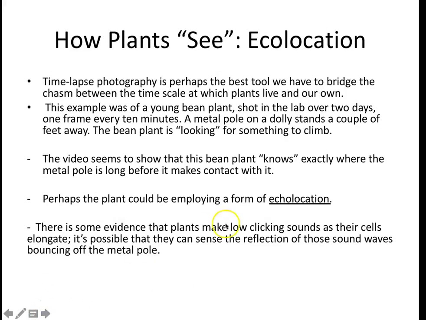Okay. The seeing, the echolocation. Look at the video with the two, I think they're pea plants, trying to compete over which one is going to make and capture the pole first. So there's going to be a loser, and, right, a winner. And all the plants were doing was echolocation.